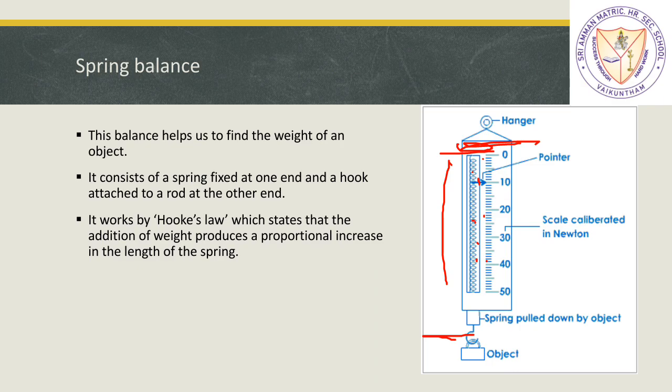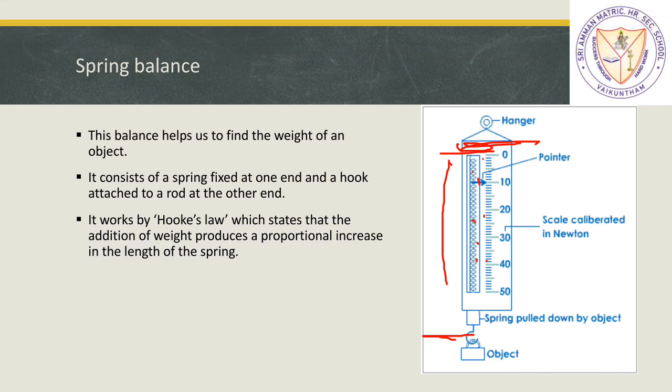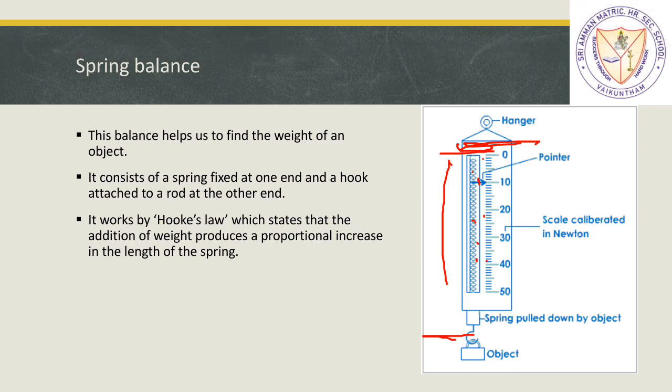We all have seen this, right? Whenever we give more force to one end of the spring, it will try to expand. So that is what we are doing. We are putting some objects on this hook. What happens? It will pull the spring downwards, because of which there will be an extension, an elongation created.